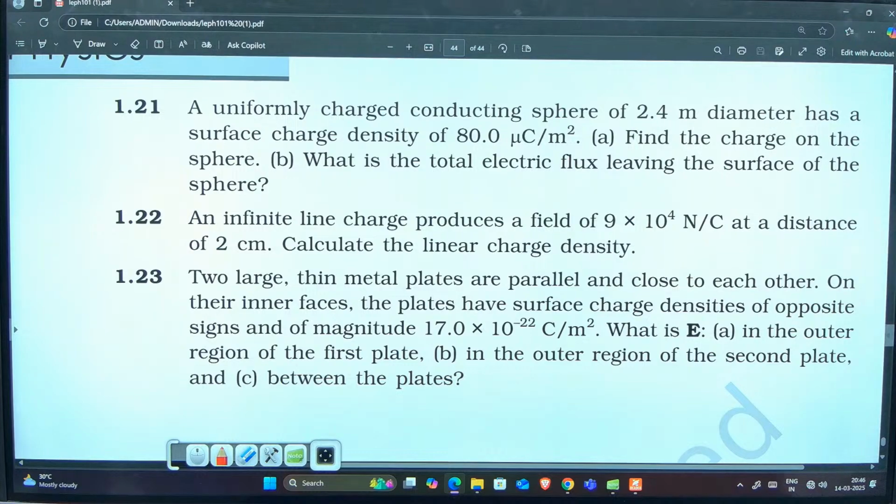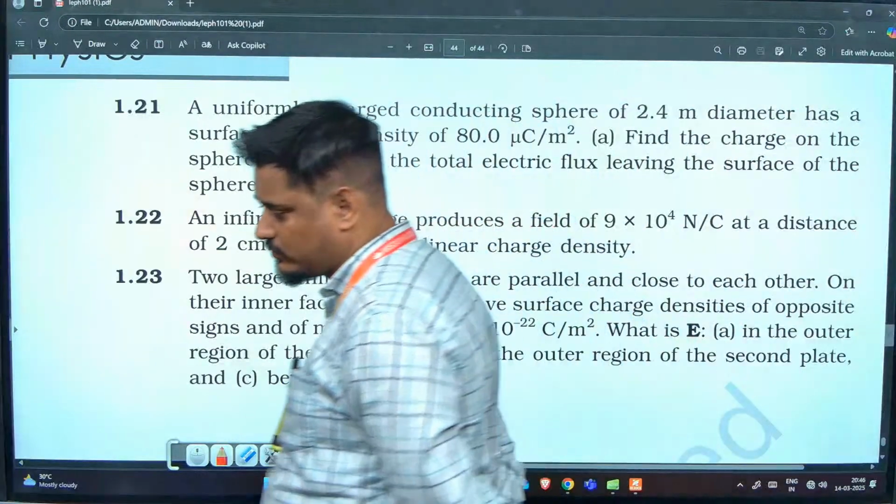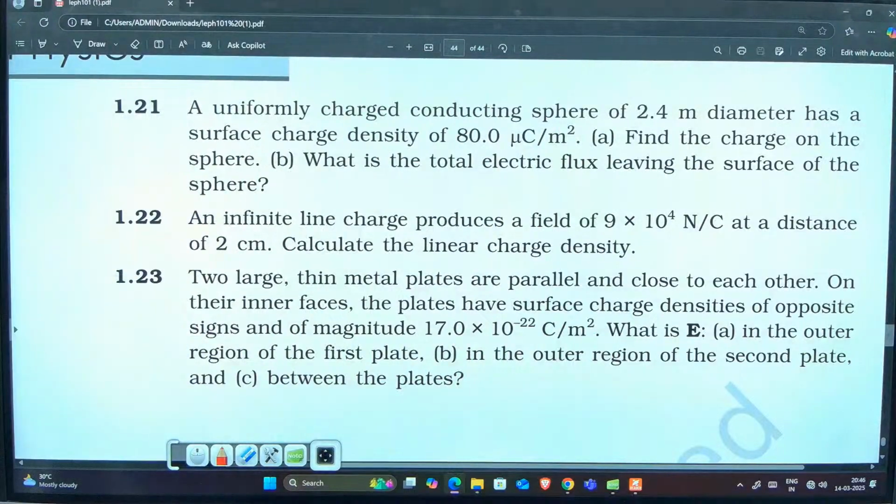Simple question here. They are asking to find charge. Sigma is equal to Q by A. Oh my god, this kind of simple question. So Q will become equal to sigma into A. Sigma is known to you, A is known to you, multiply and find charge. And flux they are asking to find. Flux will become equal to whatever charge you find divided by epsilon naught. Simple question.